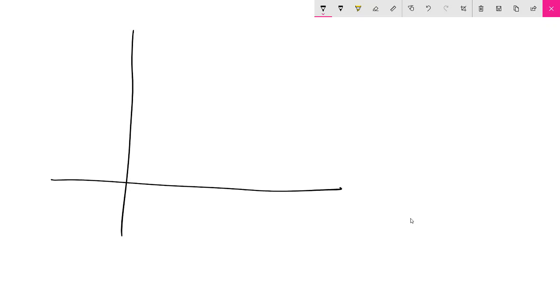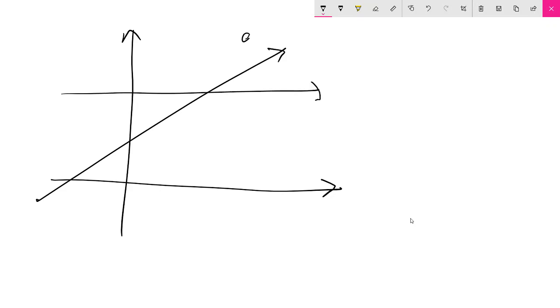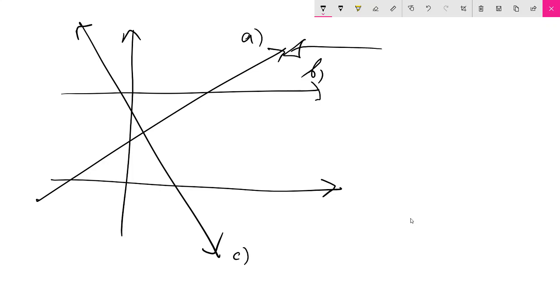Sometimes we might get asked to describe or to match up the gradients with the equation. So if we have 3 lines here, I can look at line number 1, this A line, and I can say that's a positive gradient.